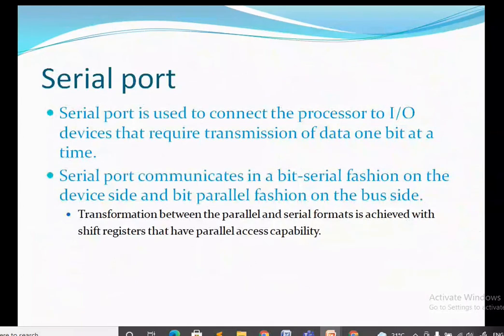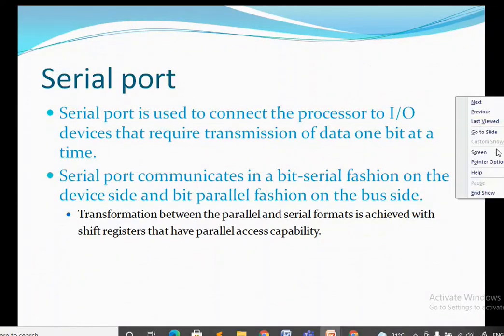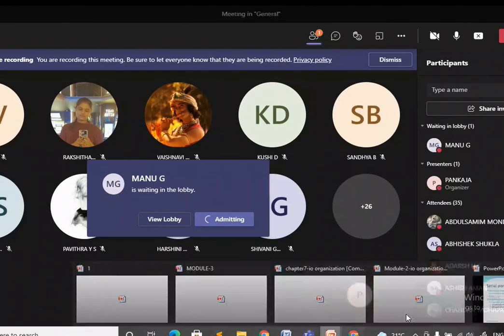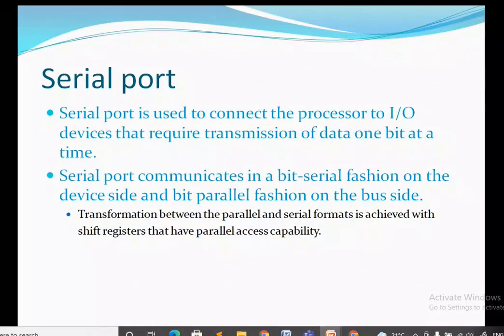Yesterday I already told you what we mean by serial port and parallel port with respect to data transmission. A serial port transmits the data one bit at a time, in a serial manner.